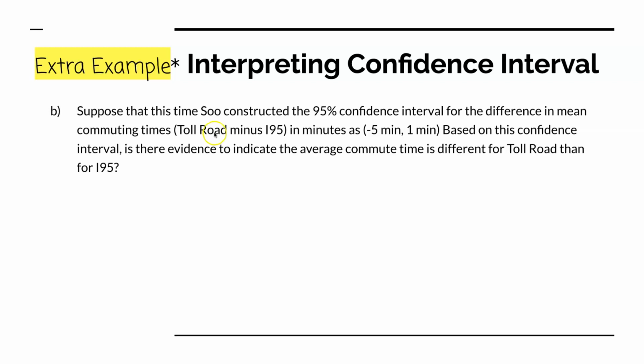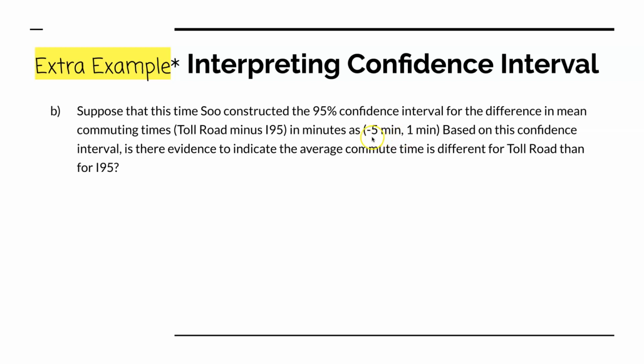So if I do toll road minus I-95 and do a confidence interval, whoopsie, what was that? The confidence interval comes out to be from -5 minutes. I like how this lower bound is negative and the upper bound is 1. I hate it. The upper bound is positive. What does that mean? You know what I wanted? I wanted this confidence interval to be completely negative.